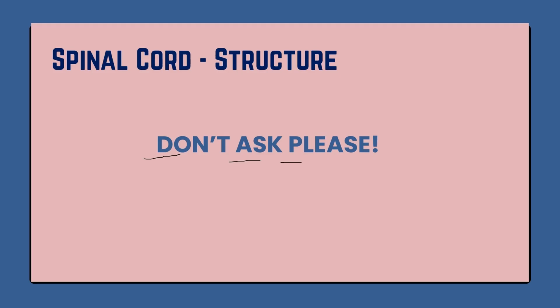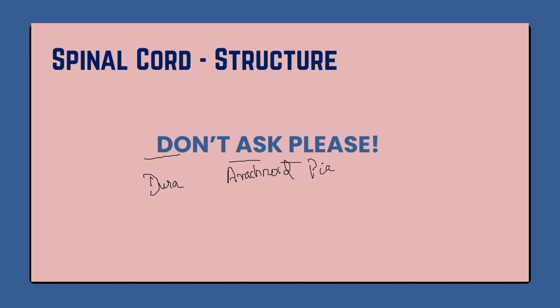We have only three meninges, right? Which ones? First is dura mater, then second we have arachnoid mater, and third we have pia mater. So this is an acronym which will help you remember. Don't ask, please, if you can remember us. Don't ask anyone which are the meninges, because the answer is right there. D for dura mater, A for arachnoid mater, and P for pia mater.